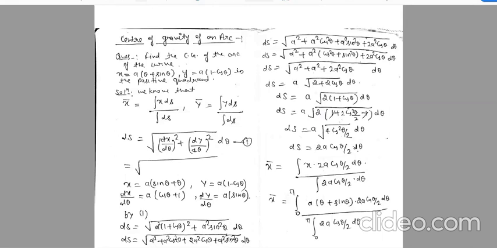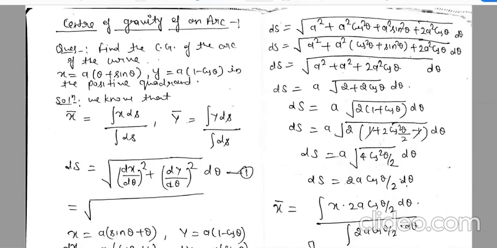If the curve is given like x is equal to a(theta plus sine theta) and y is equal to a(1 minus cos theta), or in the form of theta and r, meaning polar form, then our center of gravity formula will be x bar is equal to integration x ds upon integration ds, and y bar is equal to integration y ds upon integration ds.